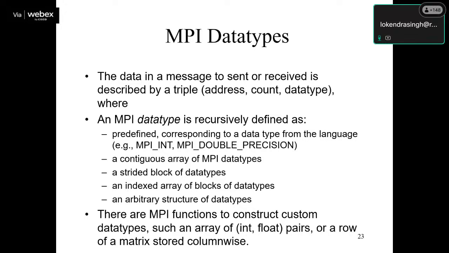There are MPI functions to construct a custom data type, such as an array of integer-float pairs on a row of a matrix stored column-wise. So here we can customize the array in the form of integer and float.